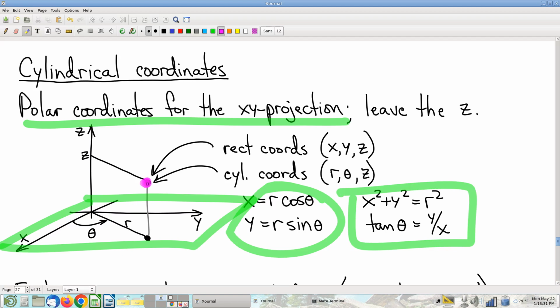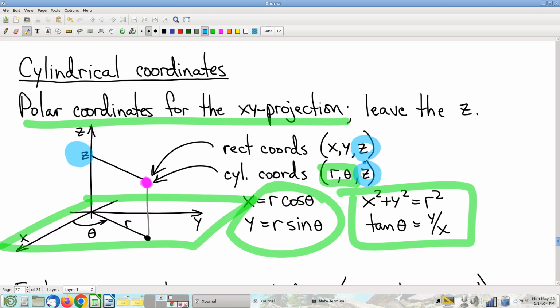And we just have to then recognize that this point also has, in addition to the r and theta representing the X and Y, a Z coordinate that comes from projecting over to the Z-axis. And we just keep it. That's it.